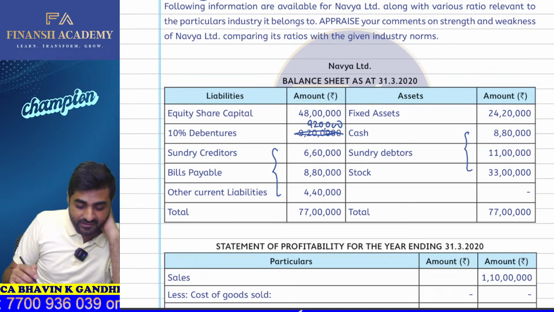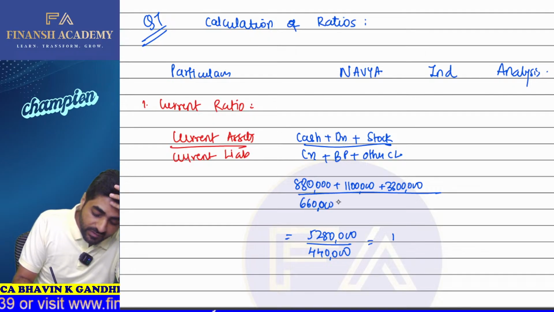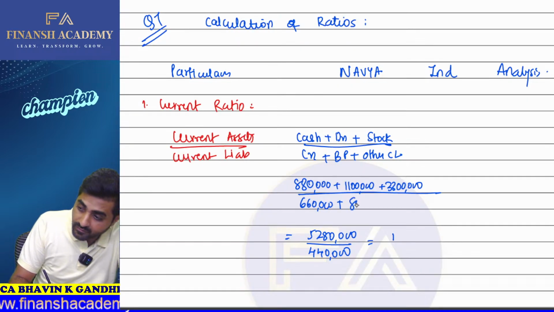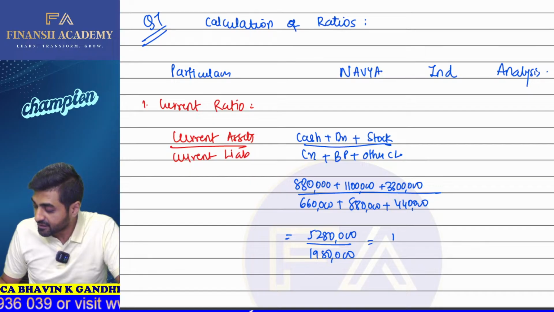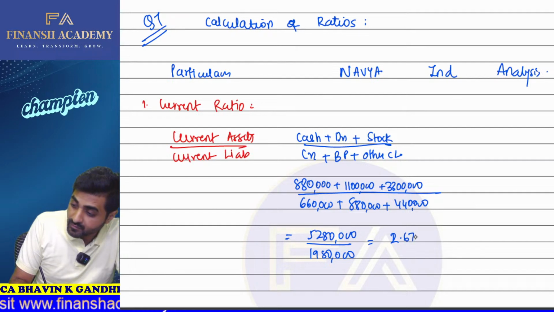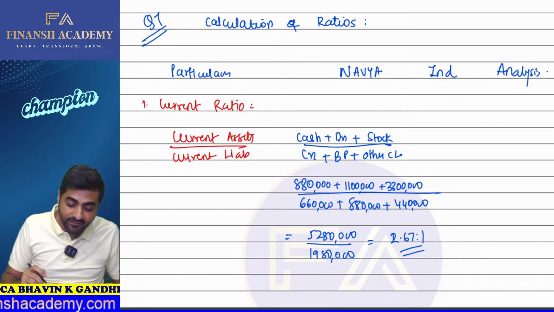So what is the amount of the creditors? 6 lakh 60. Bills payable is 8 lakh 80. And if I divide by 19 lakh 80,000, this will now be 2.67. So your current ratio should be 2.67 is to 1.